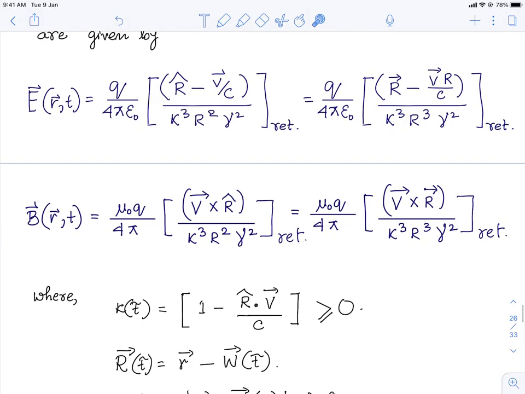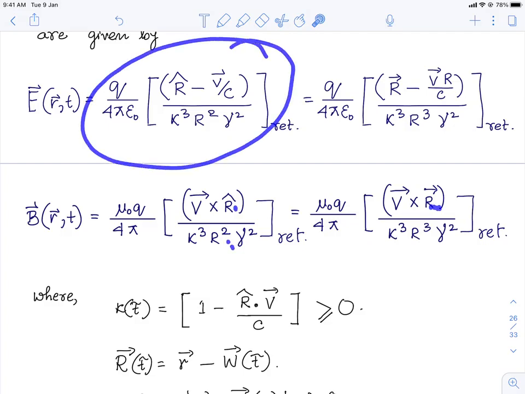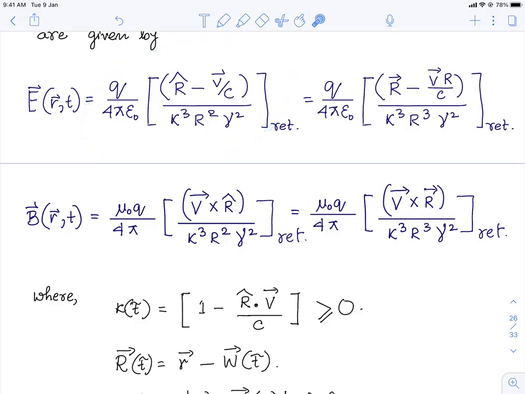And here also, if I multiply by r in the numerator and denominator, this becomes an r vector. This formula is something I have picked up from what we discussed previously for the moving point charge, so you can consult that. I've set acceleration to 0 in that formula because here we are considering a charge moving at a constant velocity.